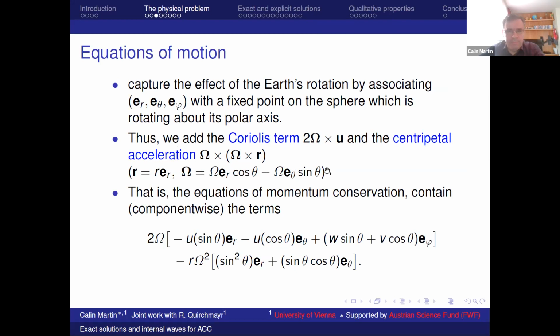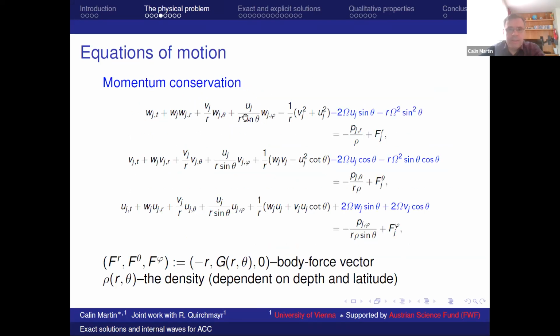In explicit notation, we have the momentum conservation, or the Euler equations, written in spherical coordinates. The terms in blue on the left-hand side are the Coriolis terms plus the centripetal acceleration. This is the system of equations describing the momentum conservation.